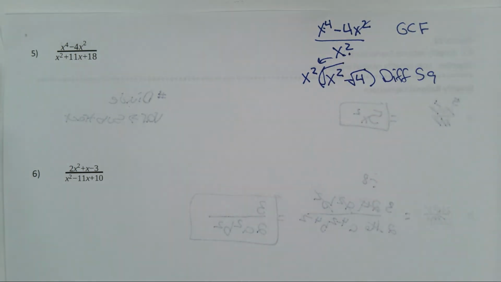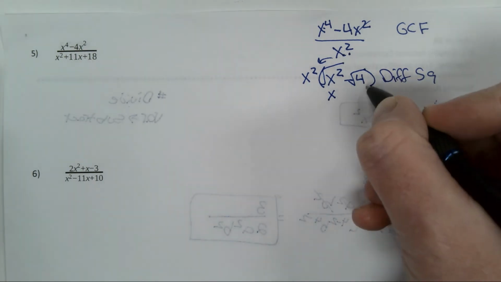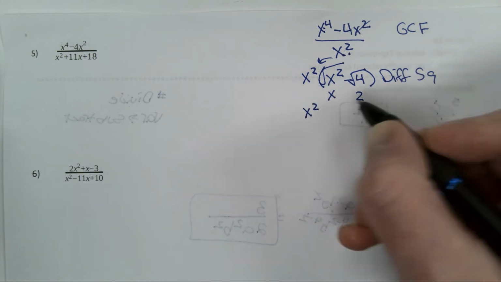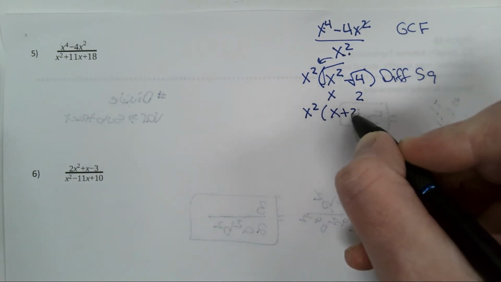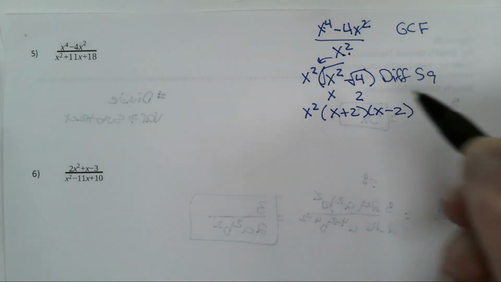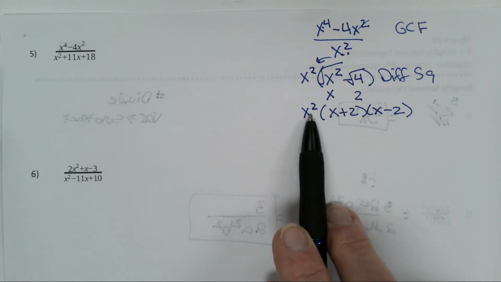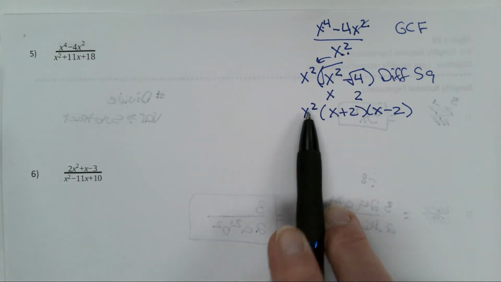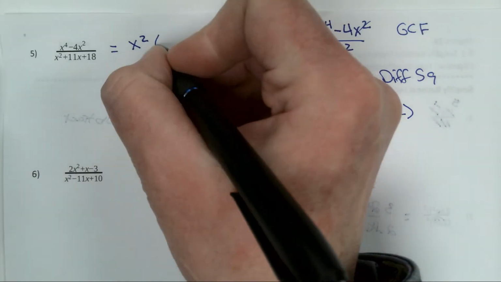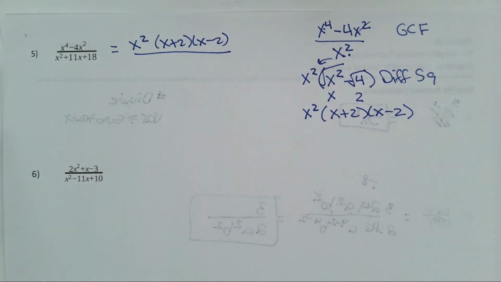So you take the square root of each of those, you get an x, and the square root of 4 is 2. So that factors as x plus 2, x minus 2. And then you still have to bring down and keep that original GCF that you factored out. So this numerator factors as x squared, x plus 2, x minus 2.